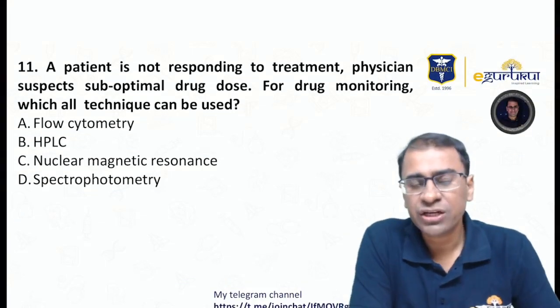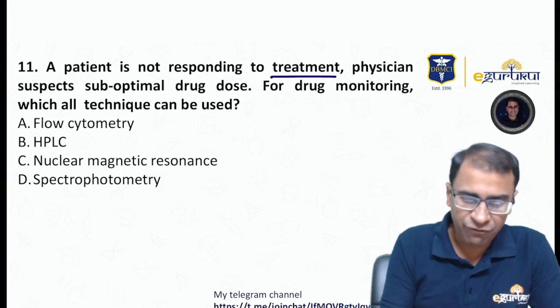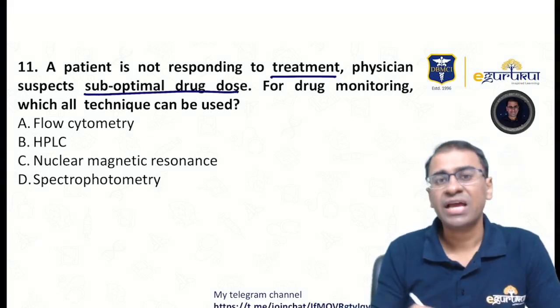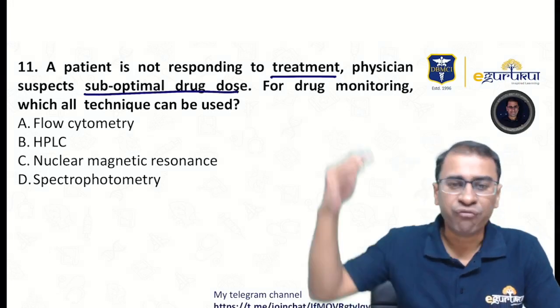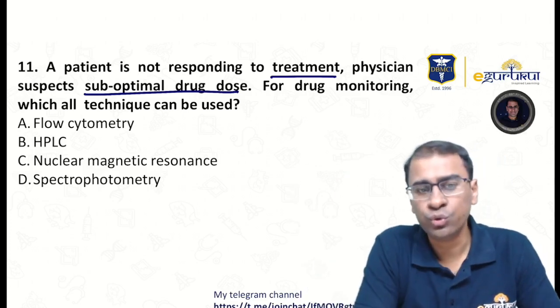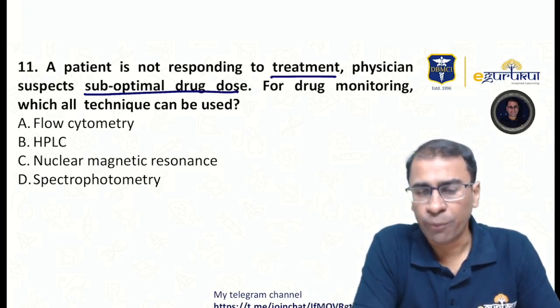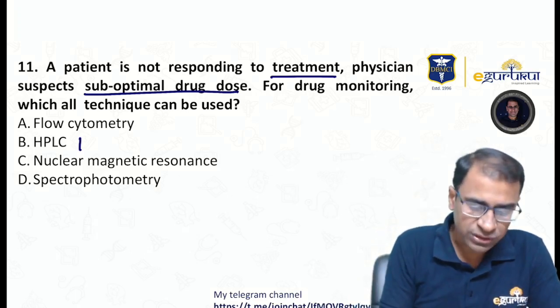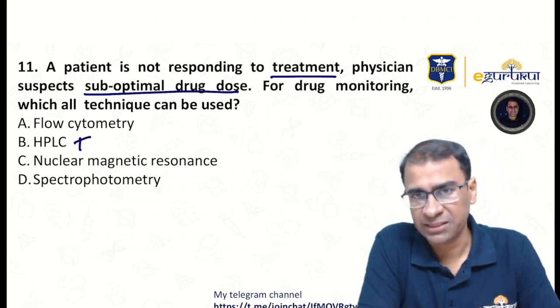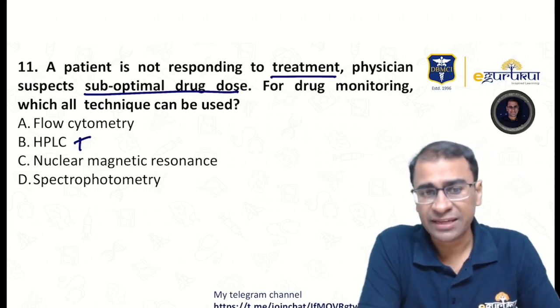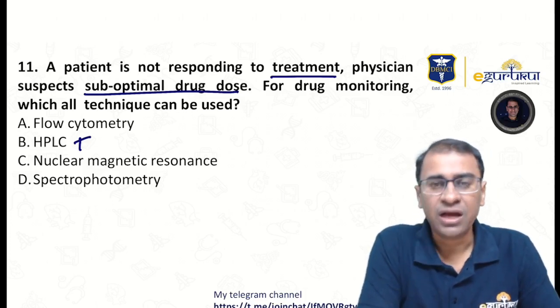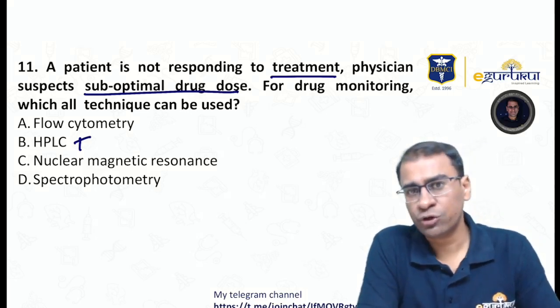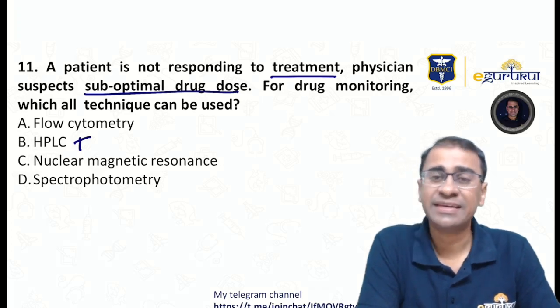Okay, a patient who is not responding to treatment. The physician suspects a suboptimal drug dose, and the simple question is asking you what can be used to do a drug monitoring analysis. See, for drug monitoring, basically we use HPLC always. But yes, please understand that even flow cytometry, NMR or spectrophotometry can usually be done.